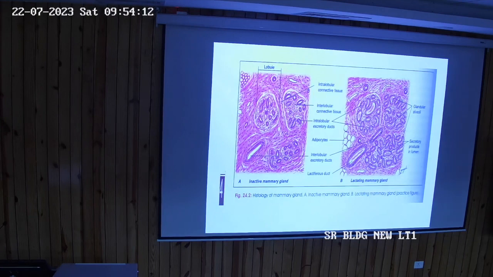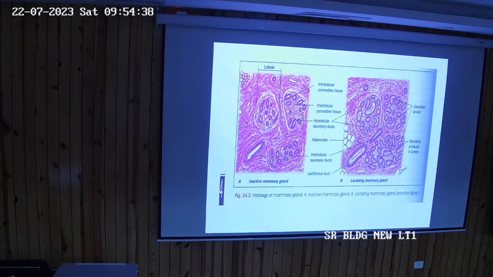So, basic point. When we see the slide of mammary gland under the microscope, you will find lobules, one lobule, another lobule, like this. Each lobule is surrounded by connective tissue mass and smooth muscle fibers. These smooth muscle fibers and connective tissue mass contain fat cells called adipocytes.